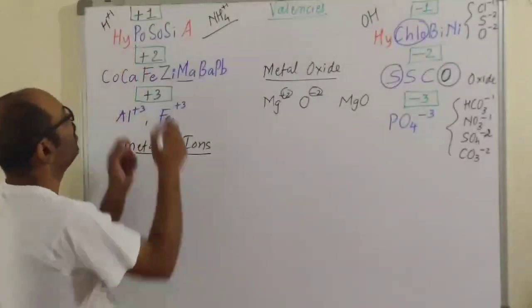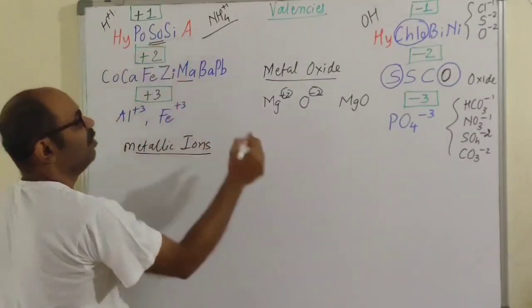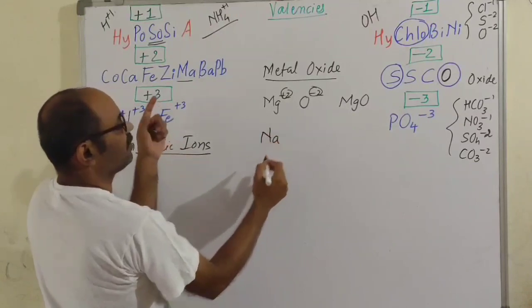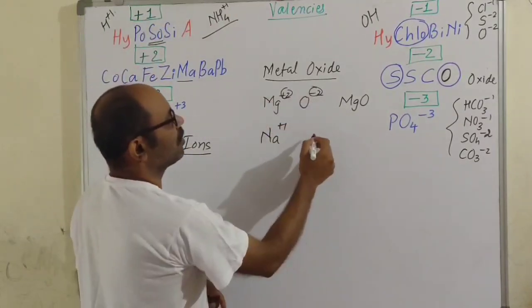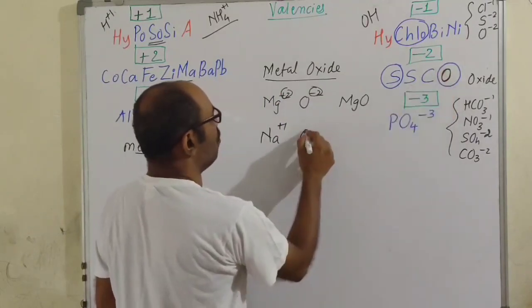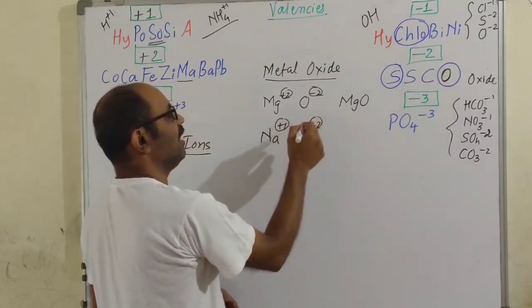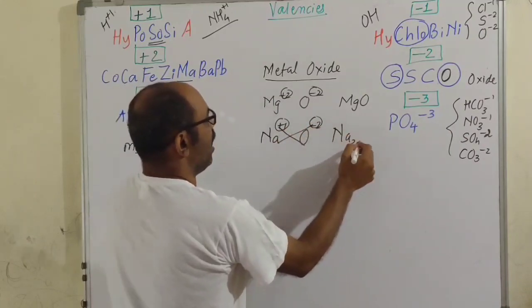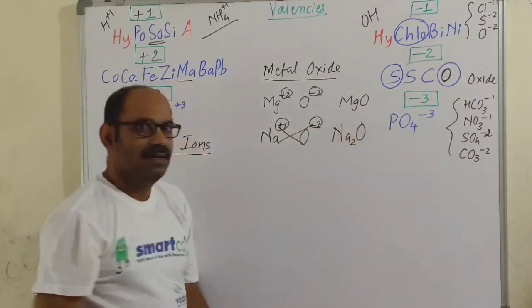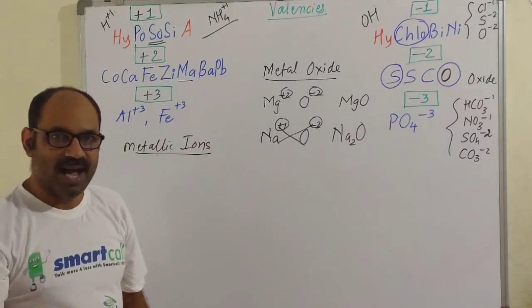Take another metal. Let's take sodium. Sodium is Na symbol और plus 1 में है. Oxide is fixed. O minus 2. Valence is अलग है. So cross करिए. Na2 and O1. This is sodium oxide.